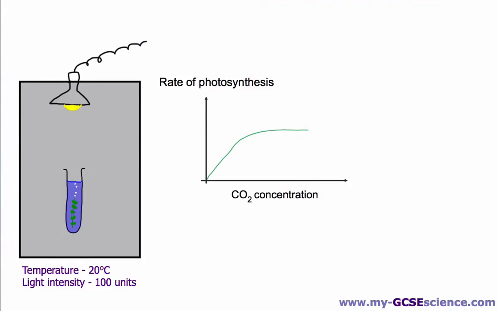What you can say for this one is that CO2 is the limiting factor, and that's for this region of the graph here. We know that because if we increase CO2 concentration, the rate of photosynthesis increases. For the flat section here, we say, again, it's another factor that's limiting the rate of photosynthesis, and it's going to be either temperature or light intensity.